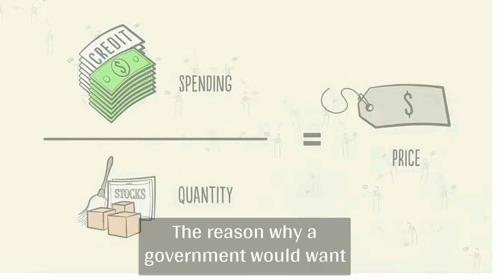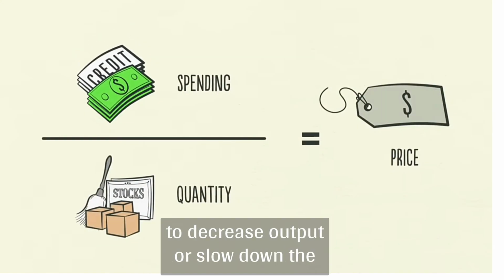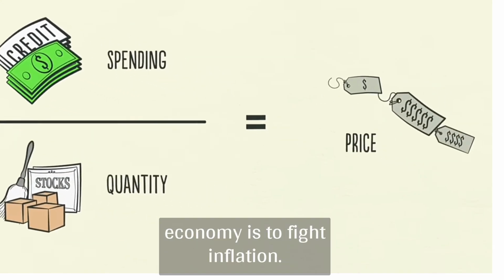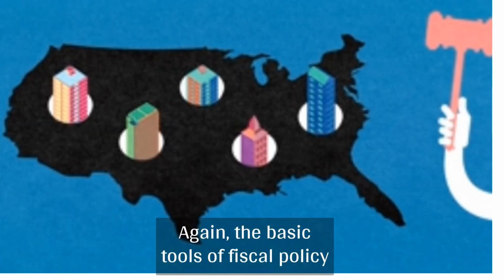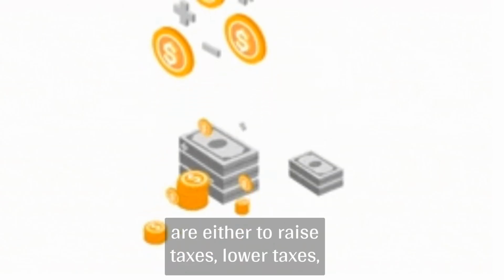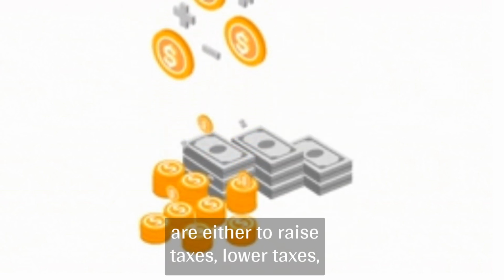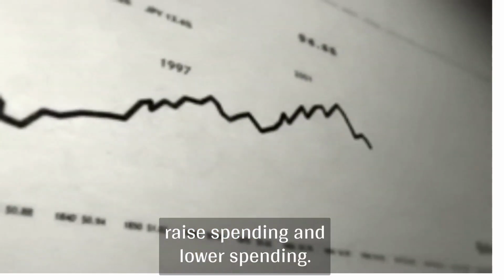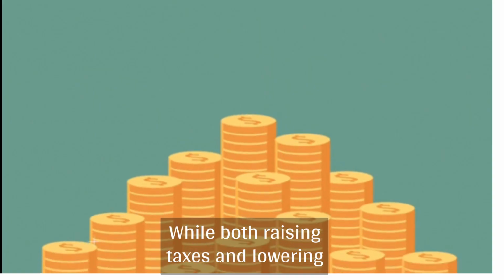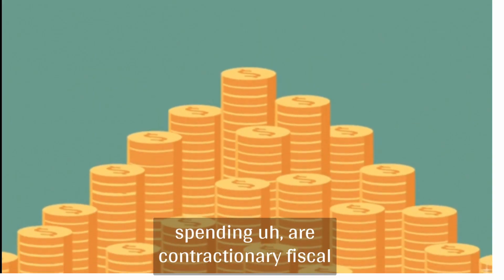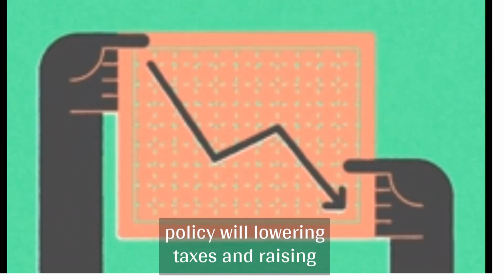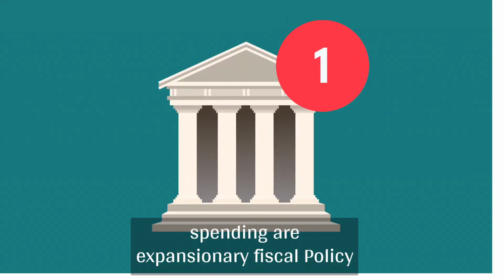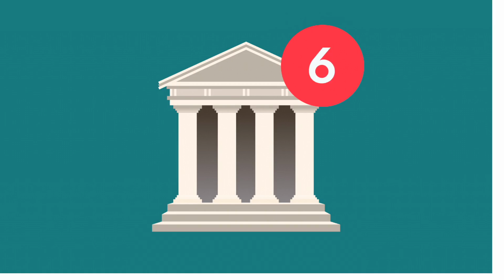The reason why a government would want to decrease output or slow down the economy is to fight inflation. Again, the basic tools of fiscal policy are to raise taxes, lower taxes, raise spending and lower spending. Both raising taxes and lowering spending are contractionary fiscal policy, while lowering taxes and raising spending are expansionary fiscal policy.